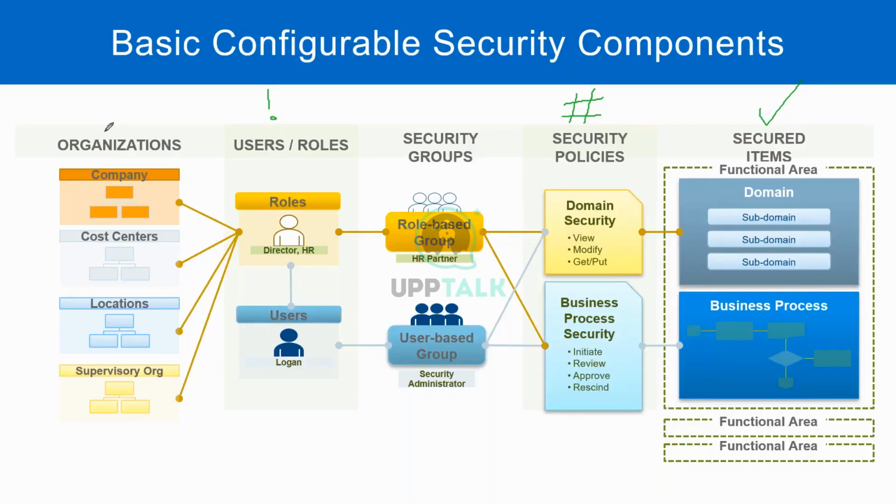There are several functional areas in Workday. For example, all the hiring-related activities, the hire business process, the termination business process, and then the hire date, termination date, hire reason, all of that are part of the staffing functional area.